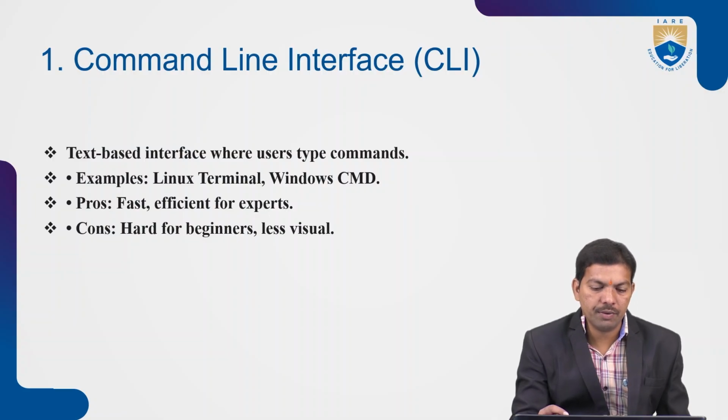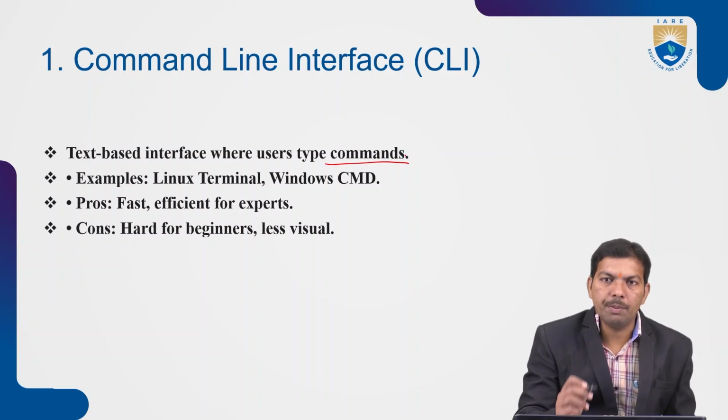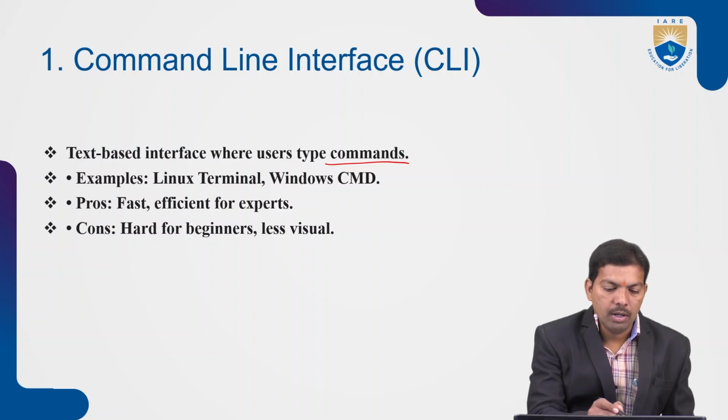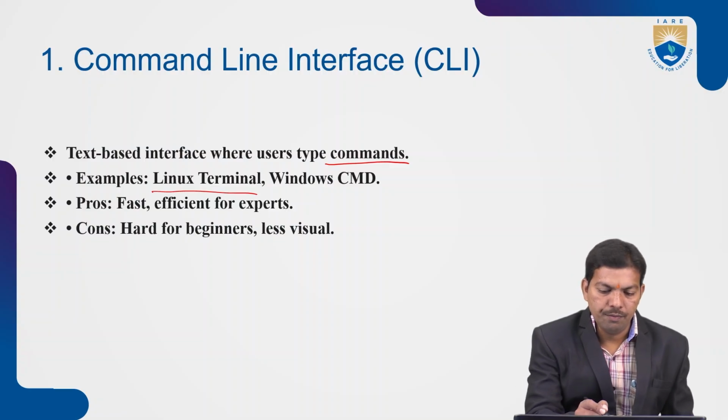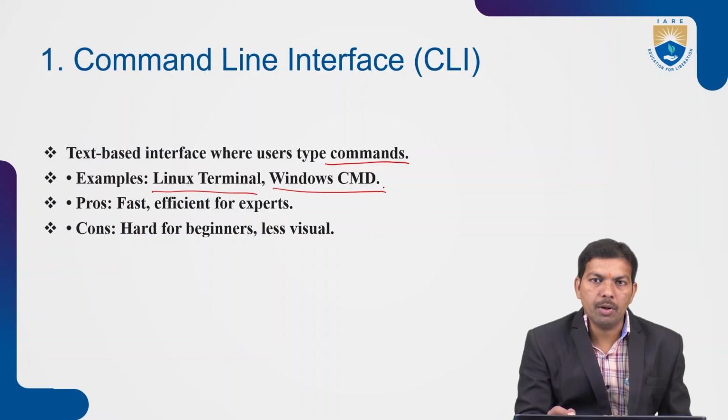It is a text-based interface where users type commands to interact with the computer, applications or websites. Examples are Linux terminals and Windows CMD, the command prompt, where you give commands in order to use the applications.